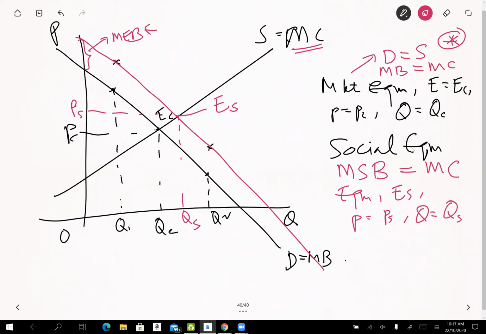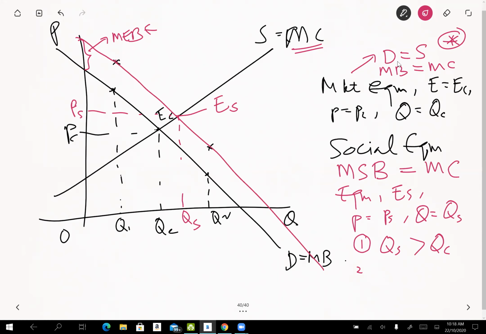Now, what can we say about the social equilibrium relative to the market equilibrium? QS is more than QC. Okay, number one, QS is larger than QC.